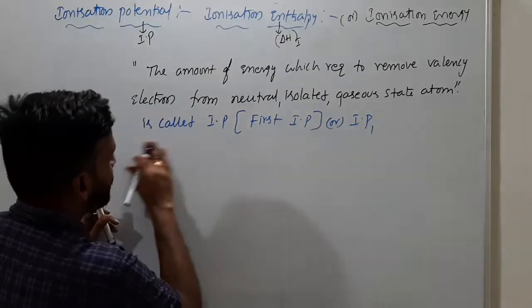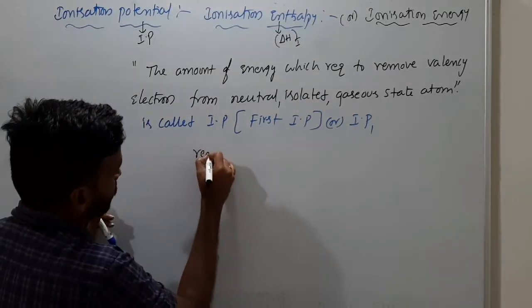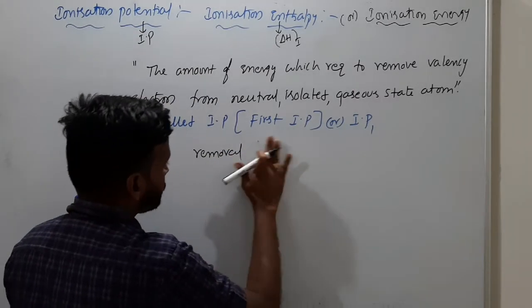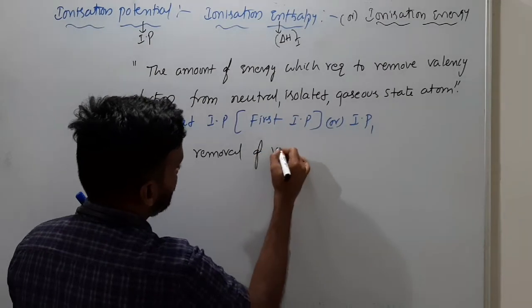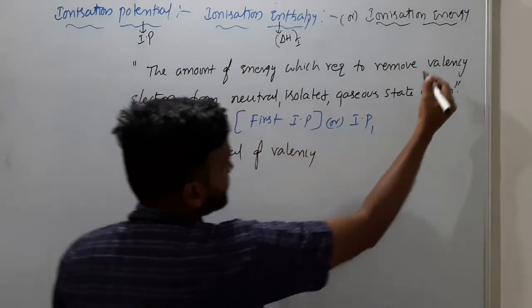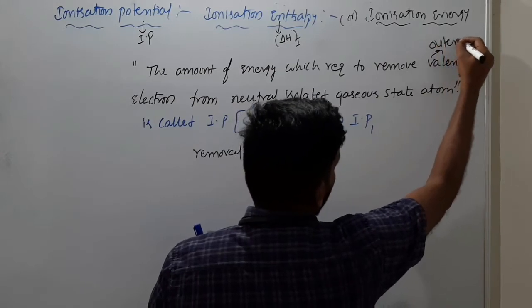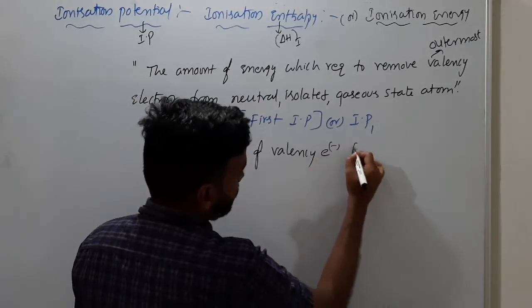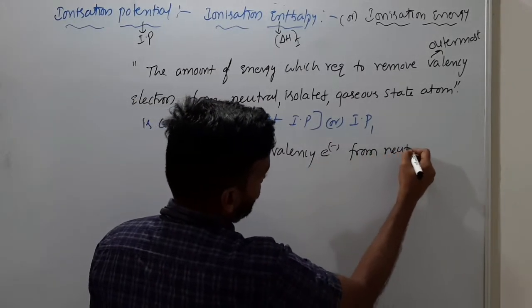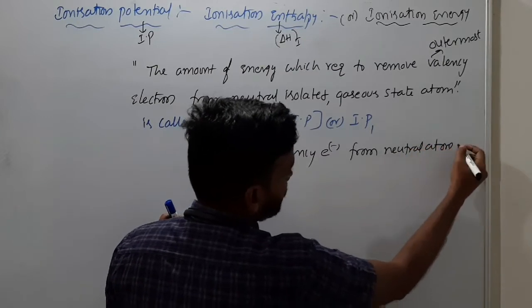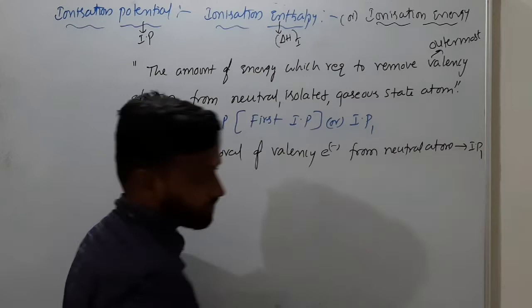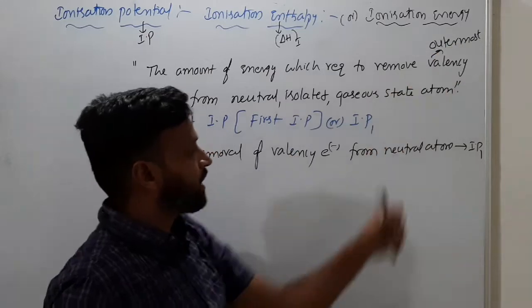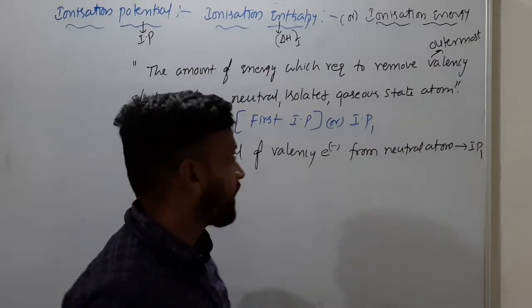So I write it like that: removal of the outermost electron or valency electron from a neutral atom is called IP1.